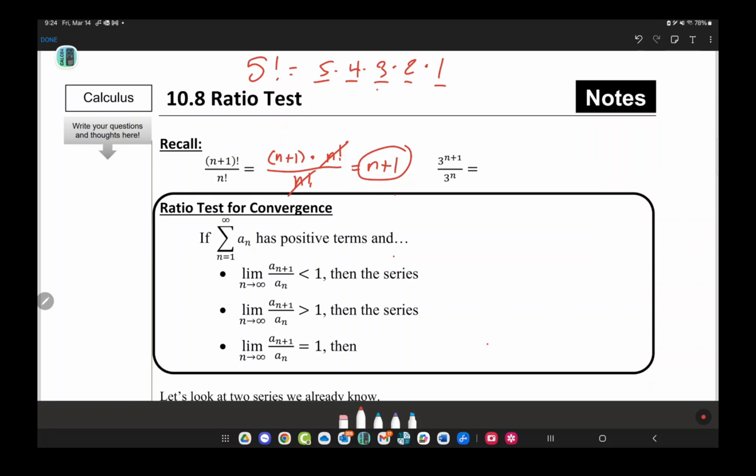How can I simplify the second one over here? What can I rewrite this as? And we've done this before with e. 3n times 3 to the 1 over 3n just gives you 3.